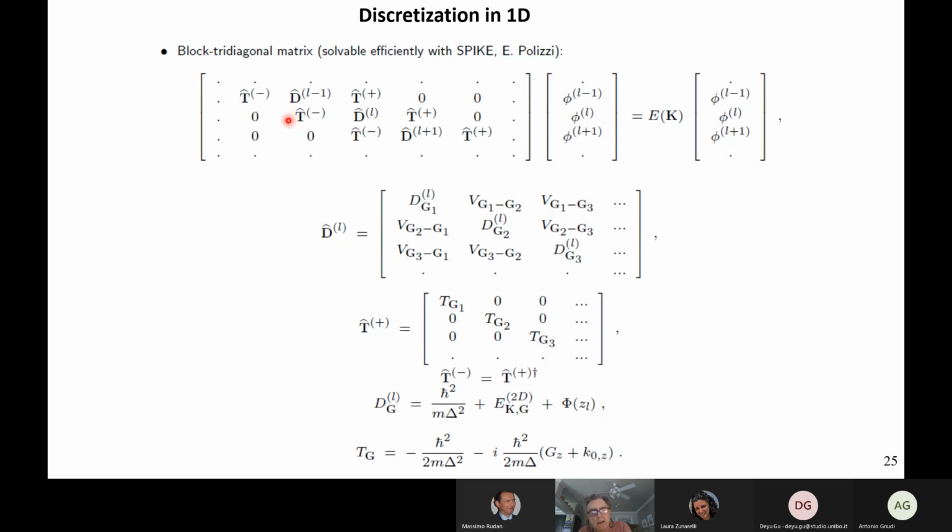You slice it like a salami, and in each slice you formulate your problem. You set the potential, and that's the way you discretize it along the transport direction. But in each slice, rather than having scalars, now you have blocks, which are the plane waves that you need to calculate the band structure of that slice. And then you stitch them together in this fashion. So each slice is connected to the previous and the successive slice via these matrices.